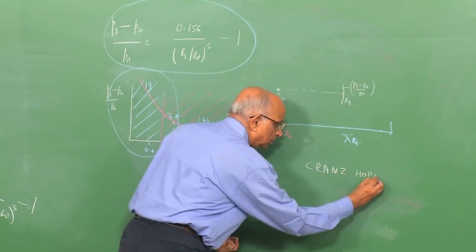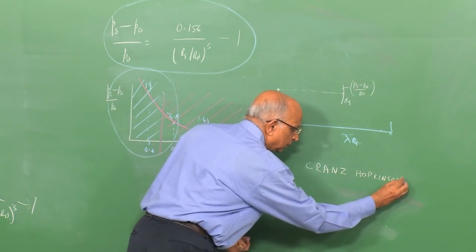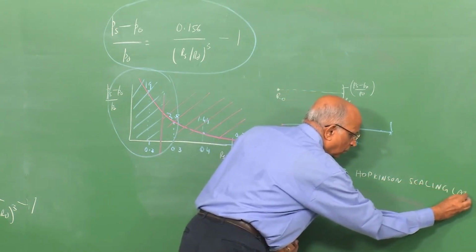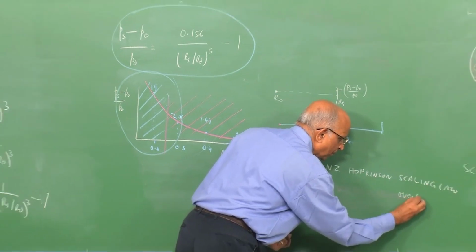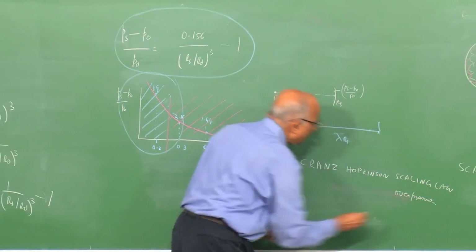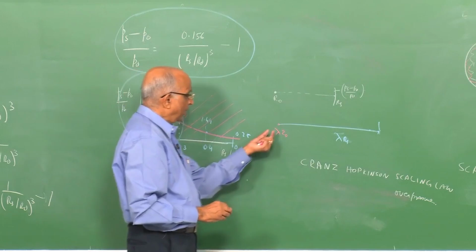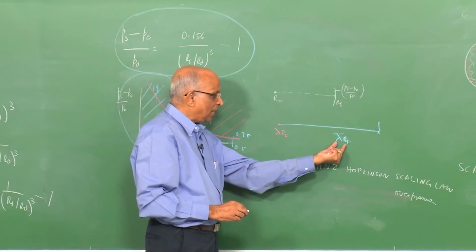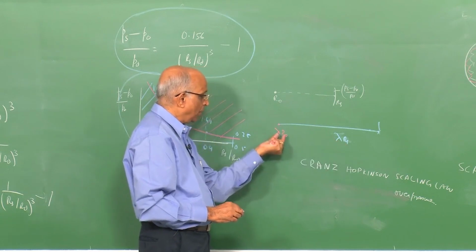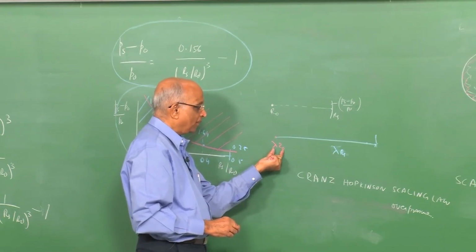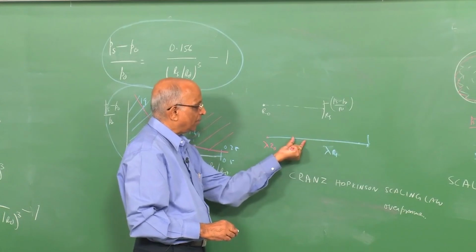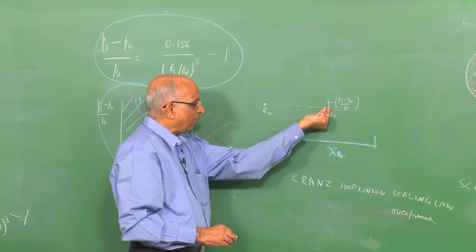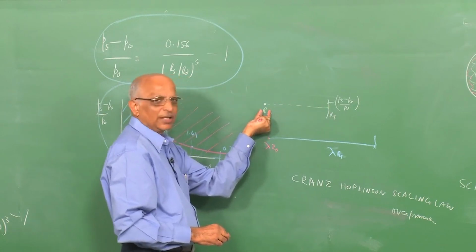Kranz-Hopkinson scaling law for overpressures. What does it state? It states that if an observer is situated at a distance lambda rs away from an explosion whose explosion length is lambda r0, he will feel the same overpressure as an observer stationed at a distance rs away from an explosion whose explosion length is r0.